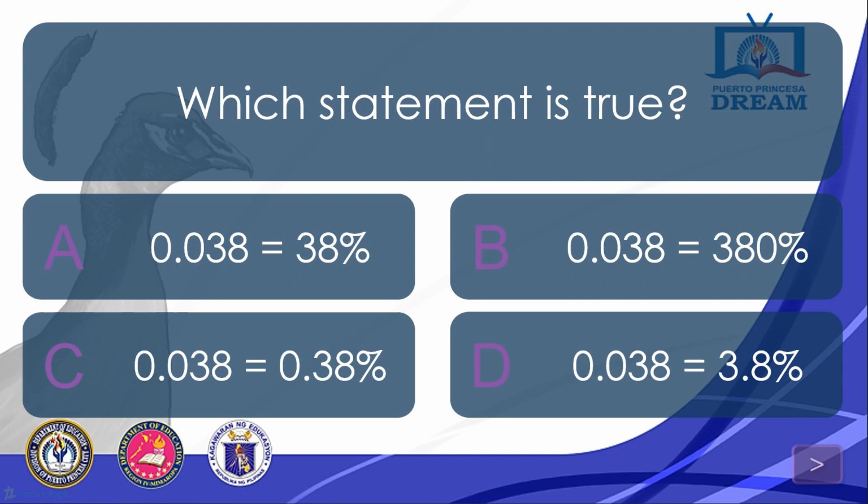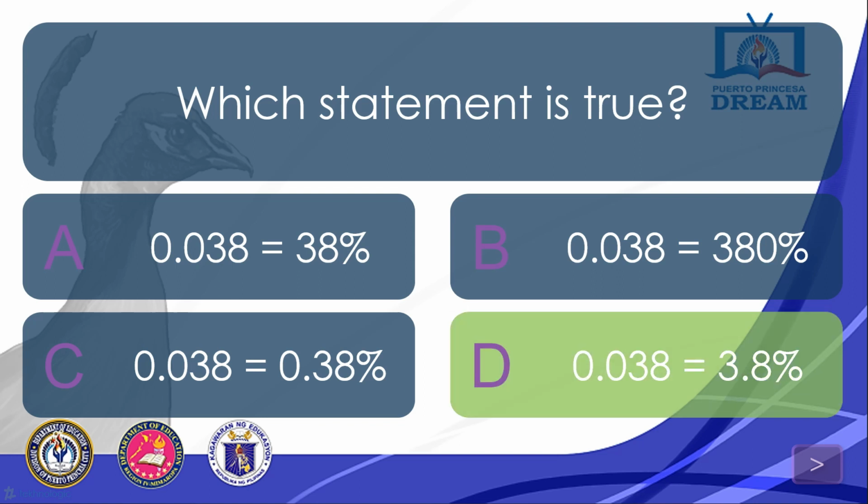D. 0.038 is equal to 3.8%. The correct answer is B. 0.038 is equal to 3.8%.